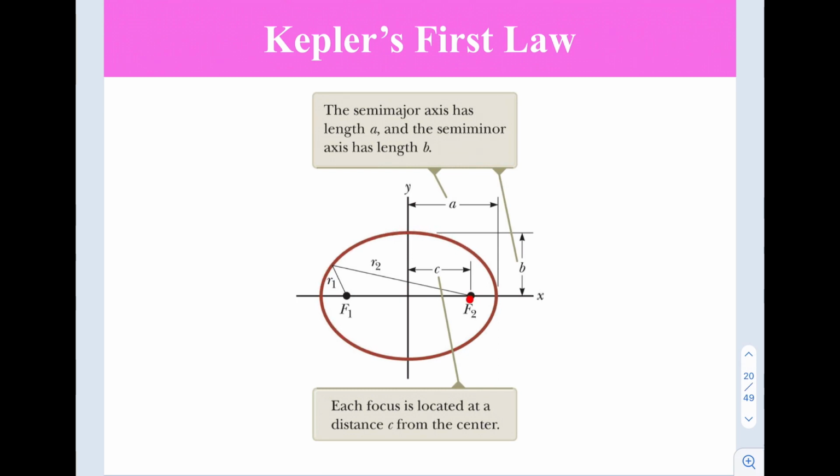When we examine an elliptical orbit, we have to have knowledge about the semi-major axis, which has the length A here. This is what we call the semi-major axis. The semi-minor axis here has the length B. Then each focus is located at a distance C from the center.